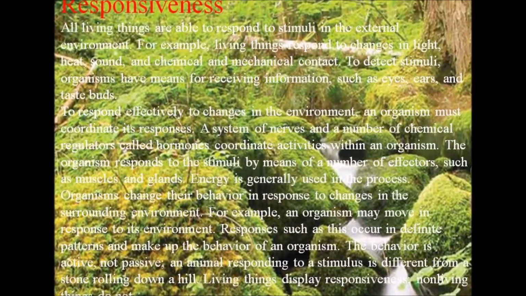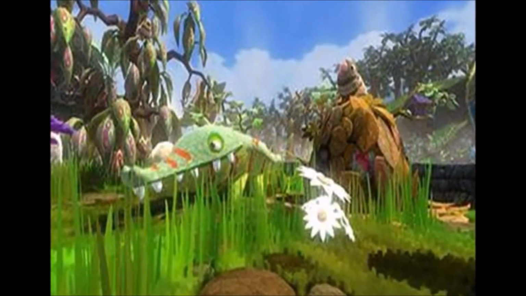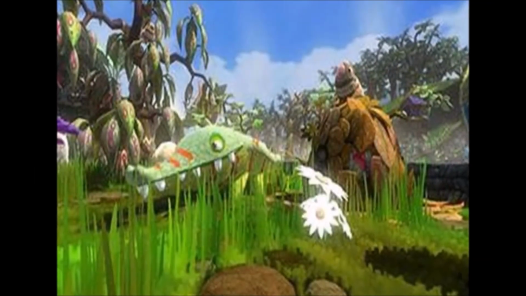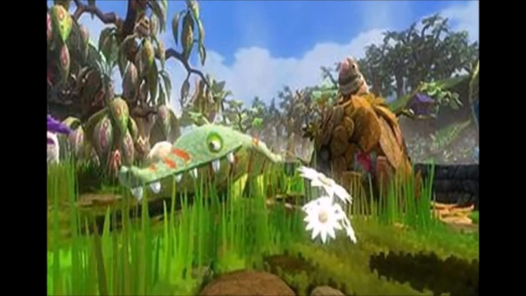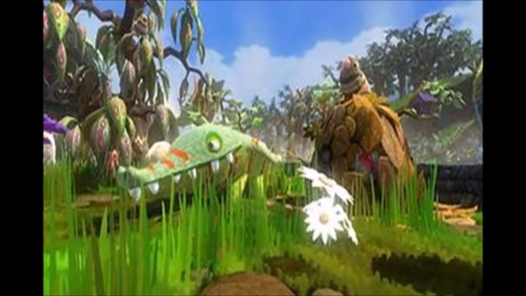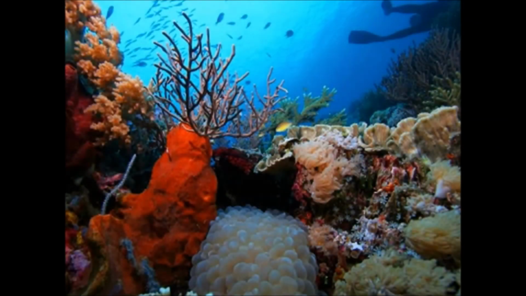Responsiveness. All living things are able to respond to stimuli in the external environment. For example, living things respond to changes in light, heat, sound, and chemical and mechanical contact. To detect stimuli, organisms have means for receiving information such as eyes, ears, and taste buds.